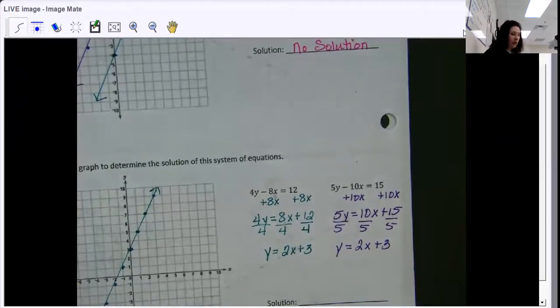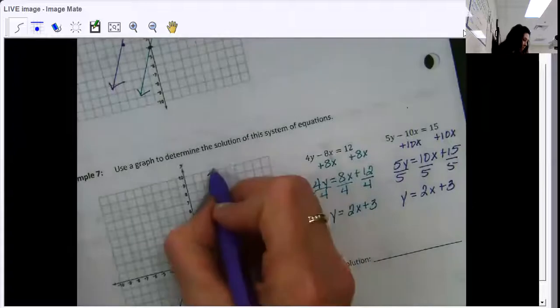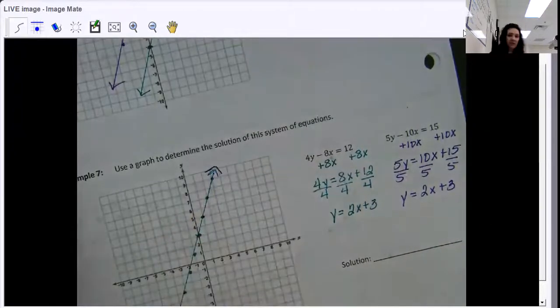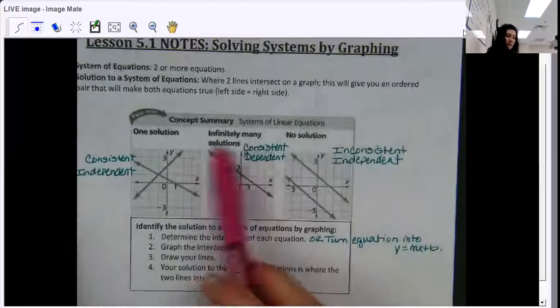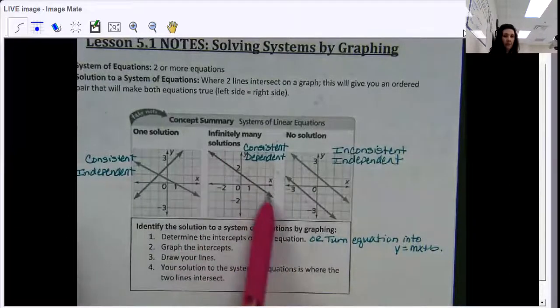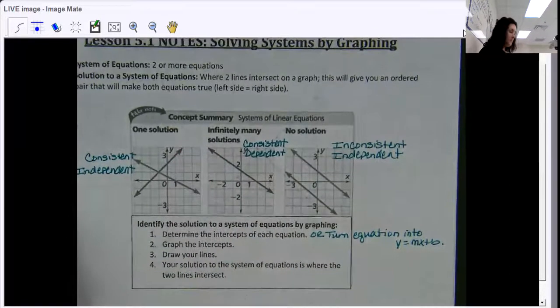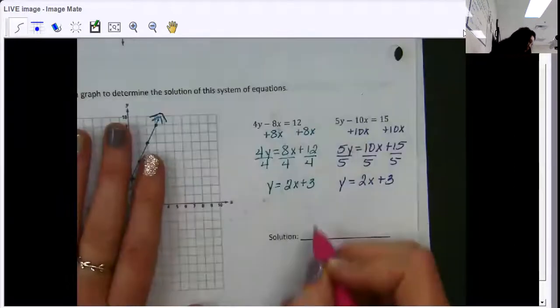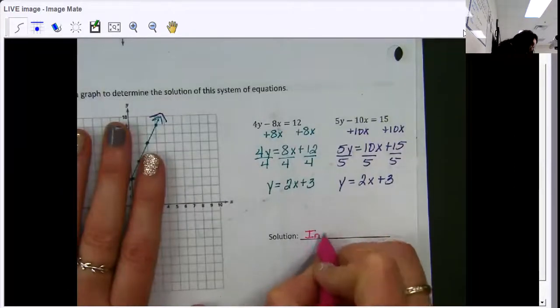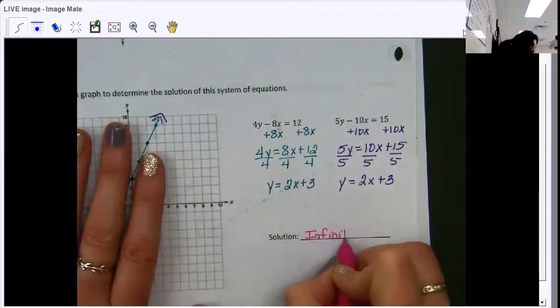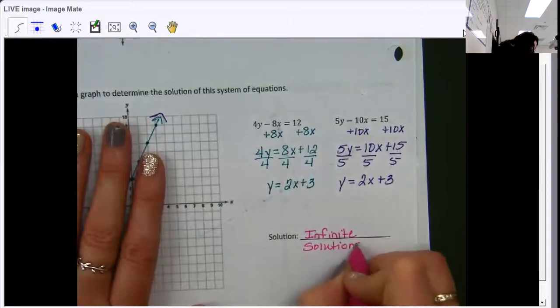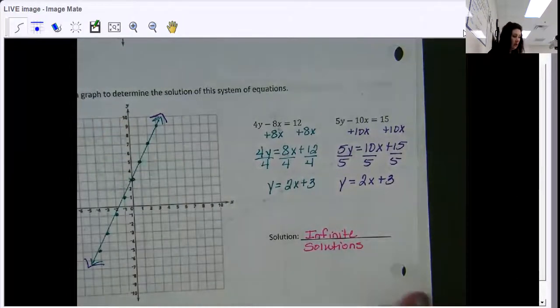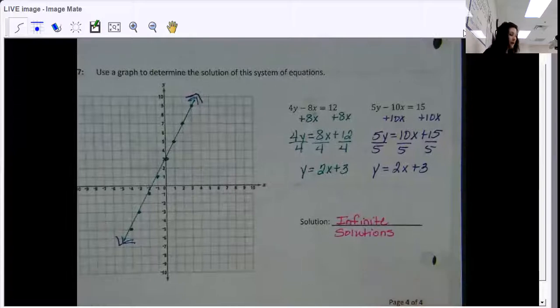So when they're the exact same line, the only thing I do is I put another arrow here just to indicate that I know that they're the same line. And if you go to the front, infinitely many solutions is when you have them both as the same line. Okay, so we will put infinite solutions. Okay. And that concludes lesson 5.1.